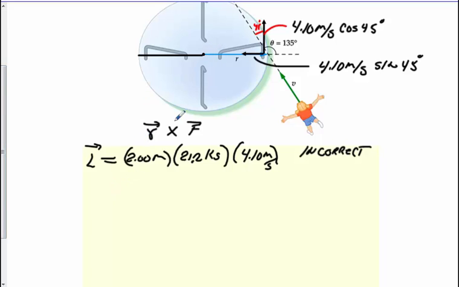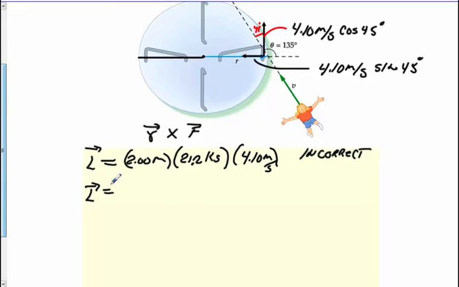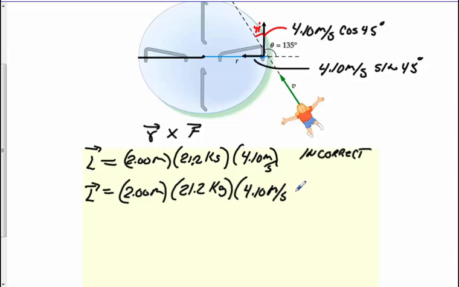to find the angular momentum at this point, L, it will take my r value, the radius, and the radius was given as 2 meters. I will multiply it by the child's mass, 21.2 kilograms, times the vertical velocity, in this case 4.10 meters per second times the cosine of 45 degrees.